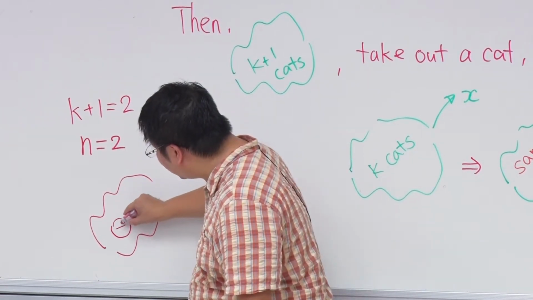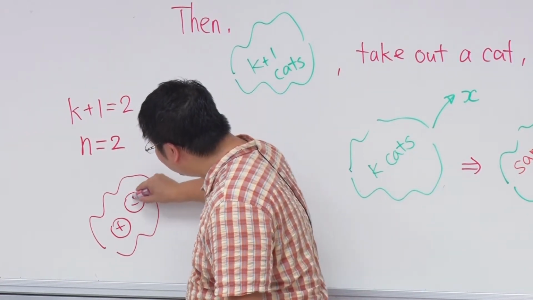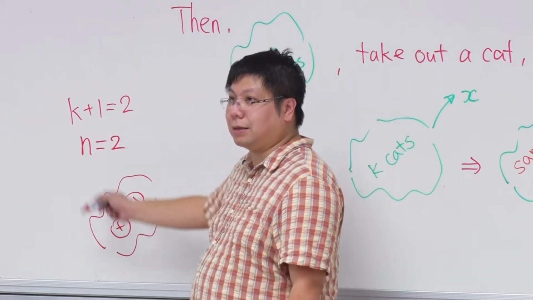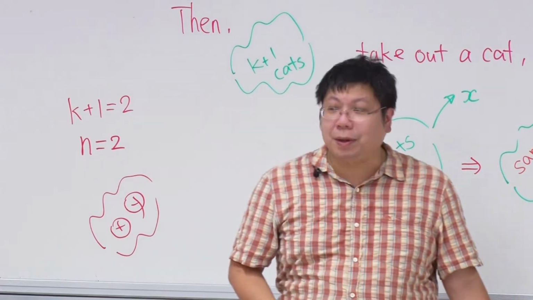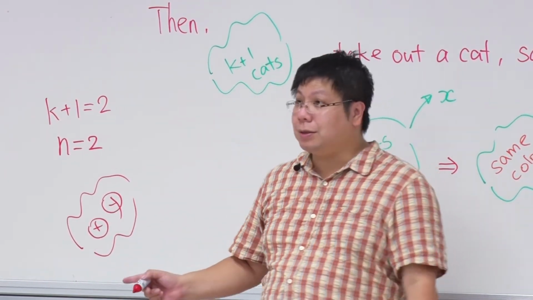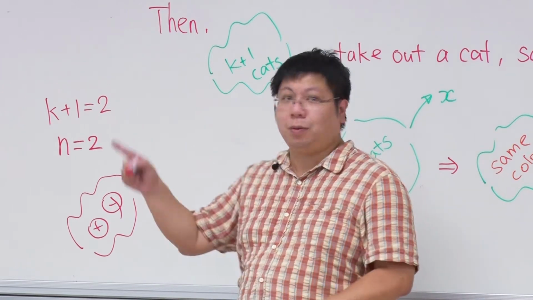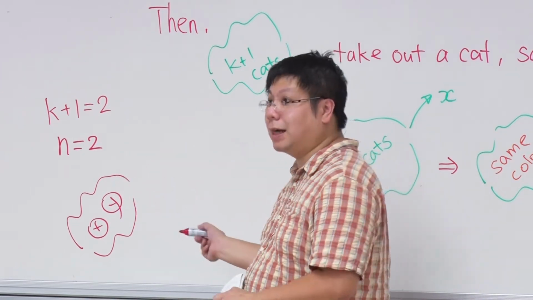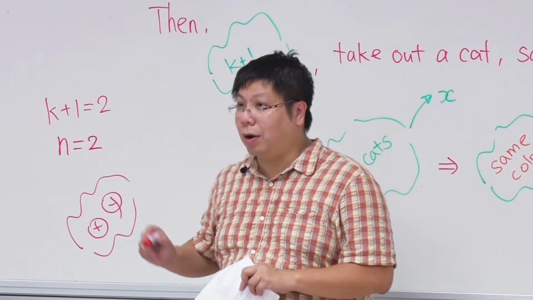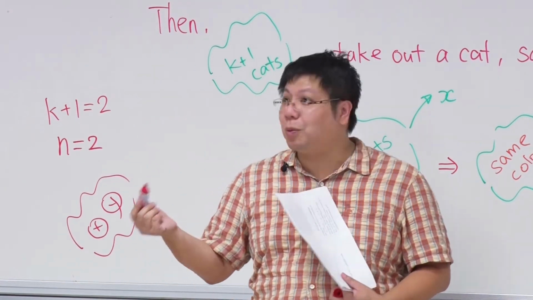Exactly one cat will be X, and the other cat will be Y. Is that okay? Now we take out X. So Y will be of the same color. We put Y back, we take X out. Oh, sorry, we put X back and take Y out. You just have X inside. Then X is of the same color. So far so good. Nothing is wrong because we have shown that P1 is true.